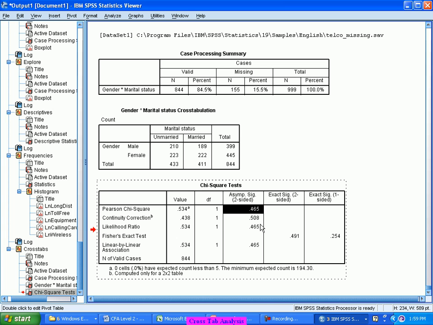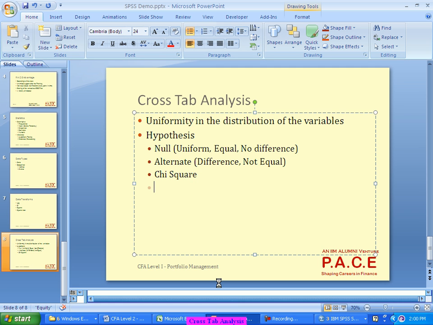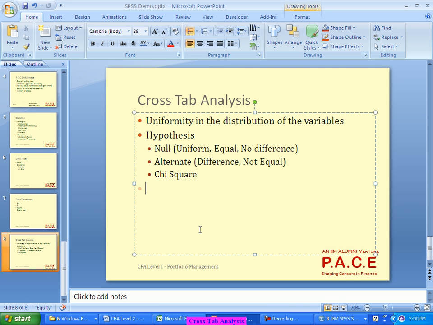If the significance level is greater than 0.05, I'll always go with the null hypothesis.